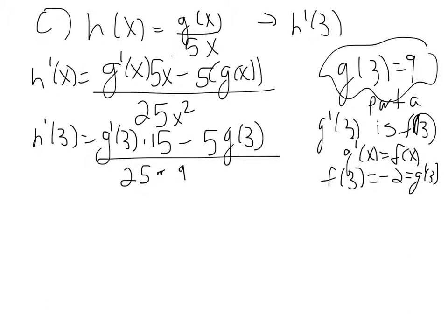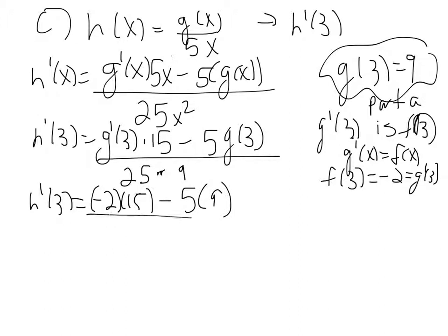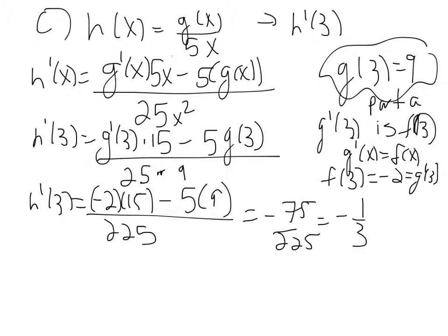Sorry about that. Okay. So h prime of 3 equals, g prime of 3 is -2 times 15 minus 5 times 9 all over 225. And you end up getting -75 over 225, which is -1/3.